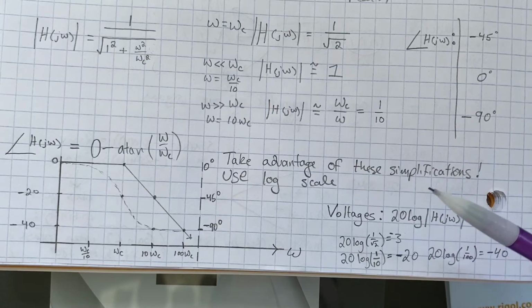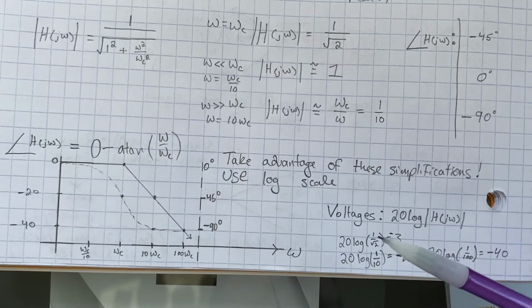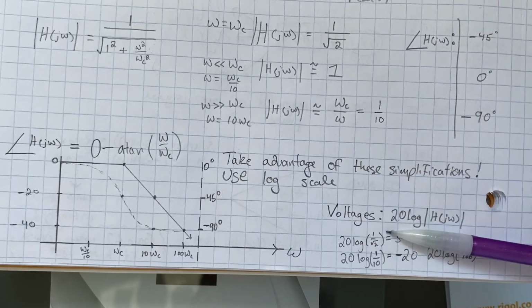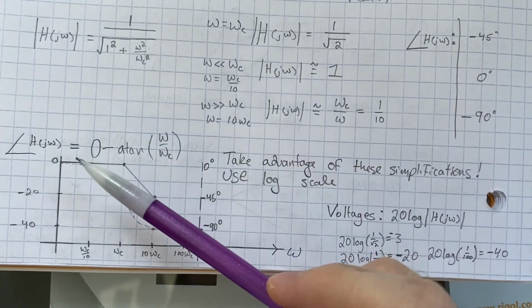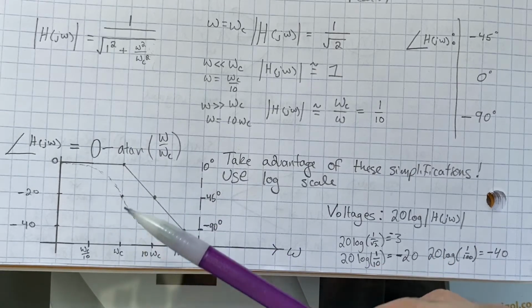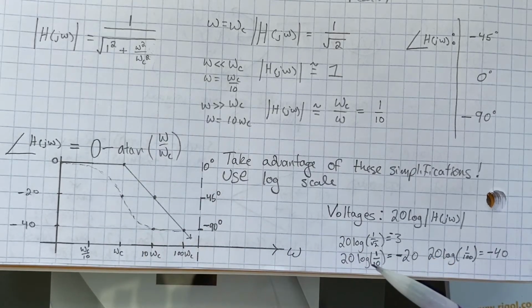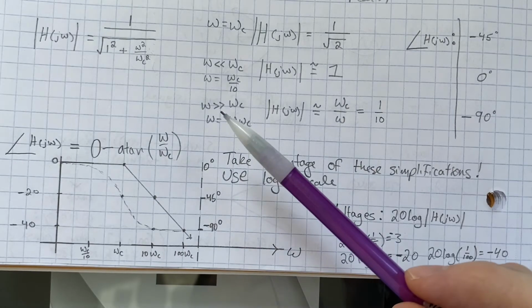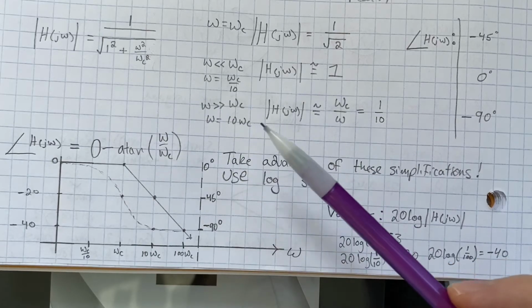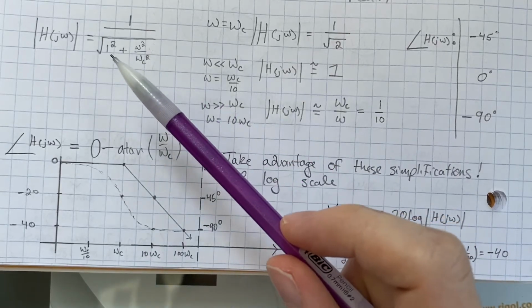So, for example, 20 log of 1 over square root of 2 when omega is omega c, that's minus 3. So you'll commonly hear the 3 dB point is actually this break point here where omega is omega c. And 20 times log of 1 over 10 is when omega is much greater than omega c. So we can simplify and ignore the 1 here.